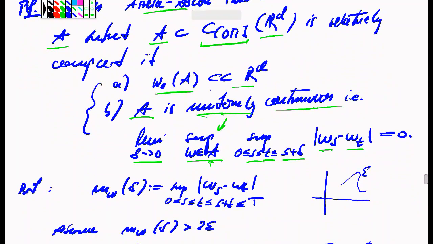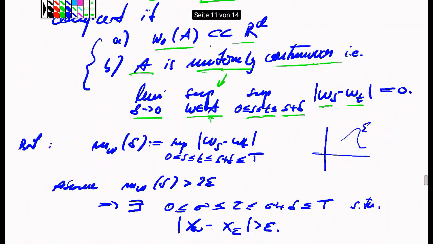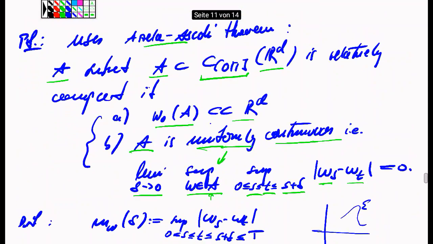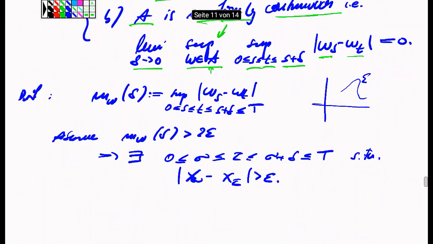And to justify that, we will use the Ascoli theorem in the way that I have just stated it. So we need uniform continuity, or we'll check for uniform continuity in the context of Prokhorov theorem and in the context of Ascoli.